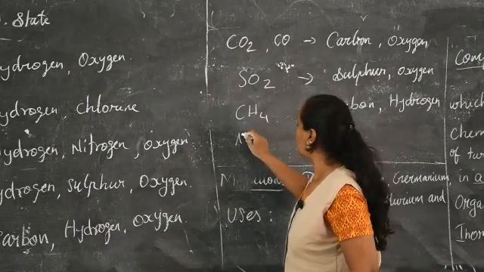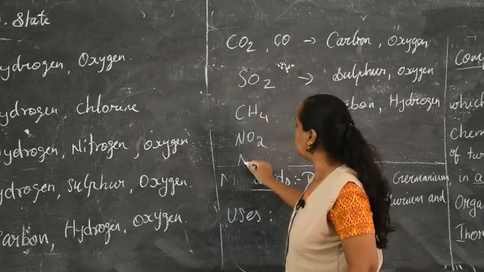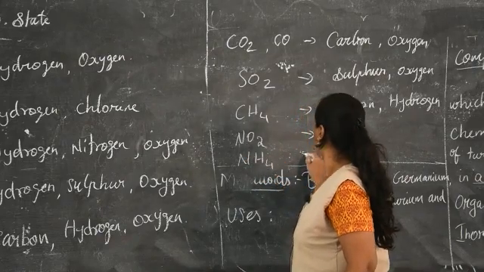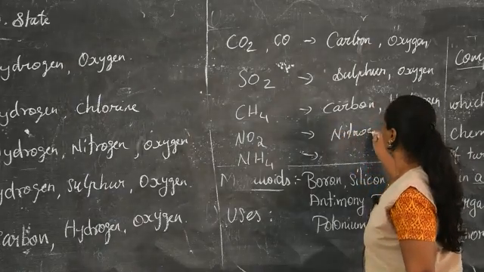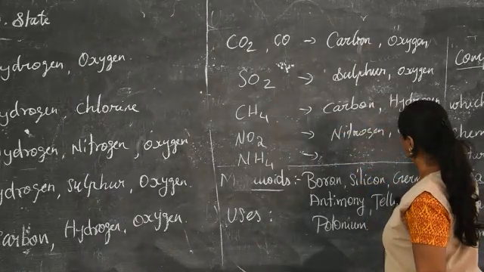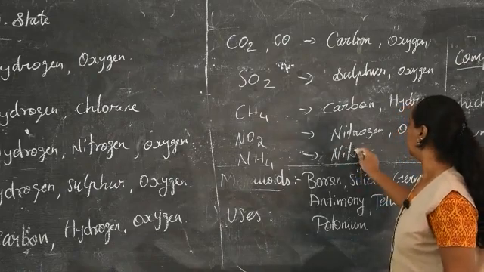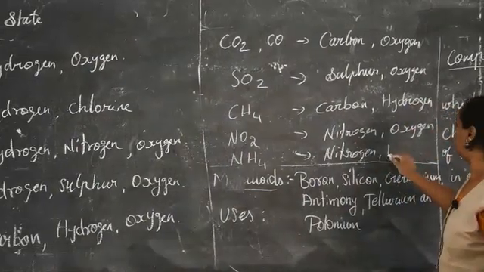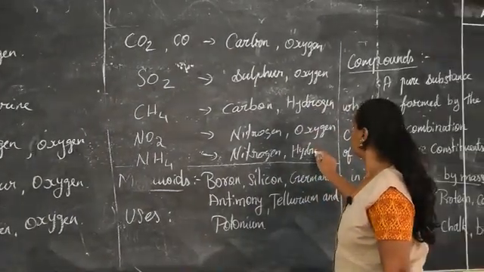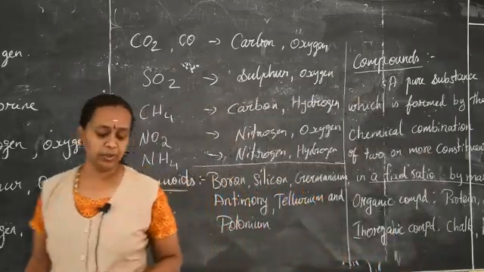Nitrogen dioxide is NO2, and ammonia is NH3. NO2 has nitrogen and oxygen; ammonia is nitrogen and hydrogen. So these are the compounds available in the gaseous form. Make a note of these formulas, it will be easy for you to remember.